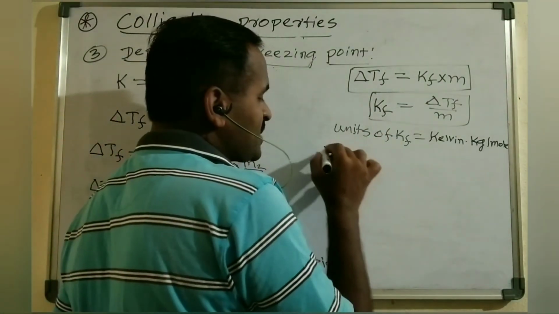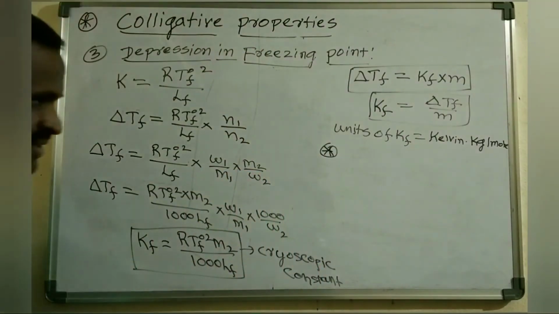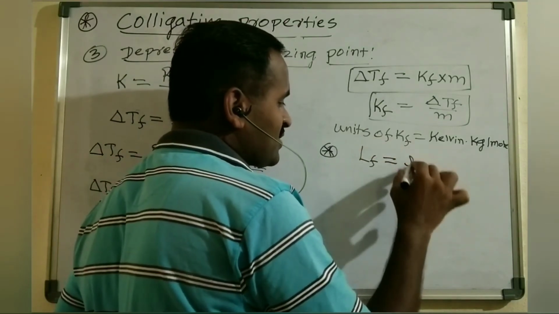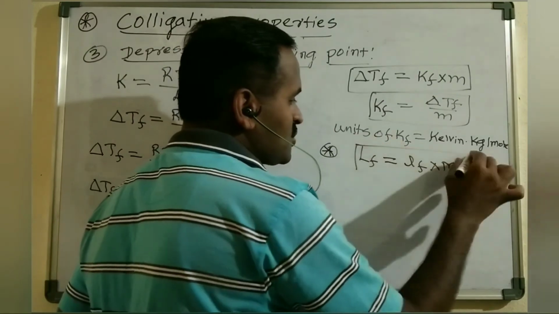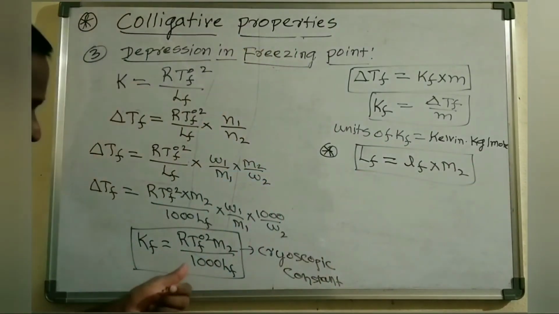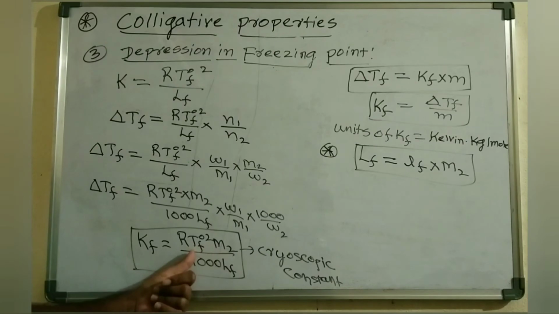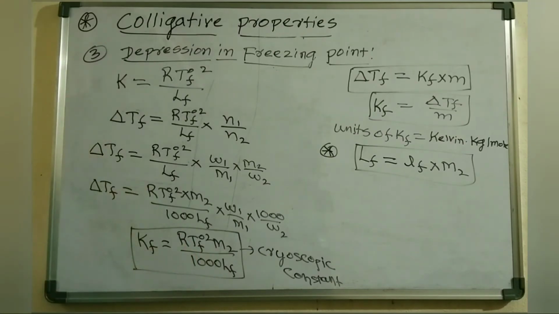We have the relation again here: molar latent heat of freezing, capital LF, is always the product of small lf and its molecular mass. So this KF depends only on the properties of the solvent: M2, the molecular mass of the solvent, TF naught square, the freezing point of the solvent, and LF, the molar latent heat of the solvent.